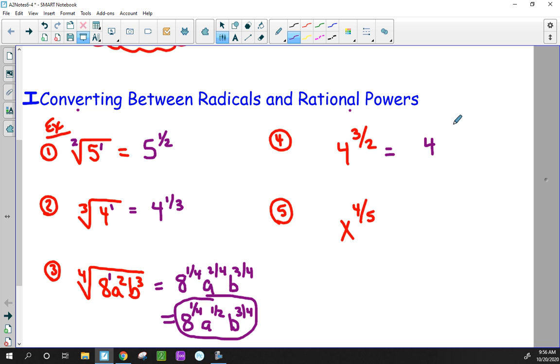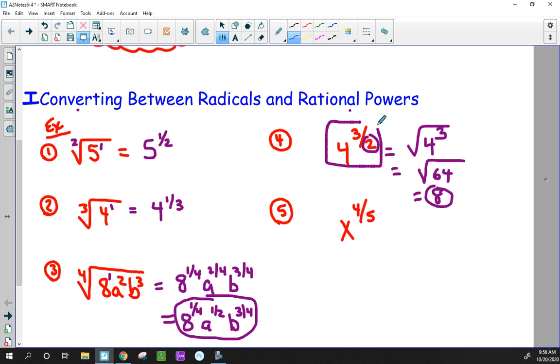Remember, the numerator of the fraction is going to stay on your base, so it's going to be 4 to the 3rd, and the denominator of your fraction is going to become the index number. And then on problems like this, if you can, you're going to simplify. 4 to the 3rd power is 64, and the square root of 64 is 8. But like I said, take a moment and type in the original problem on your calculator right now, and just make sure that you get the same thing.